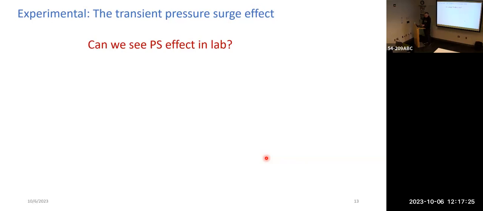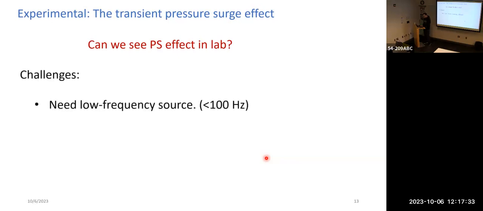So my first research topic is to design a low frequency laboratory experiment to verify the pressure surge effect. We have several challenges. The first is that we need a low frequency source, but in the laboratory, mostly we do ultrasonic tests. The transducer works around 100 kilohertz or above.